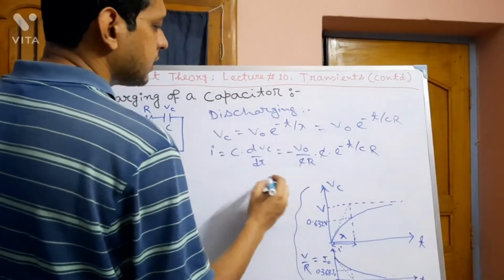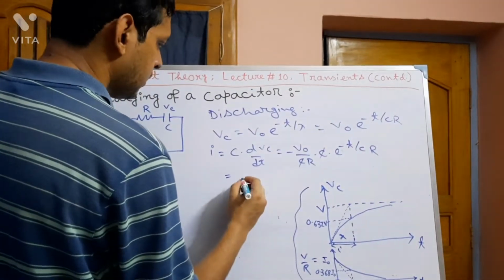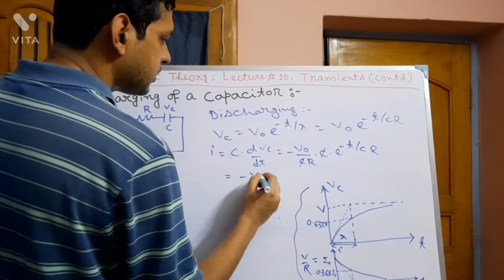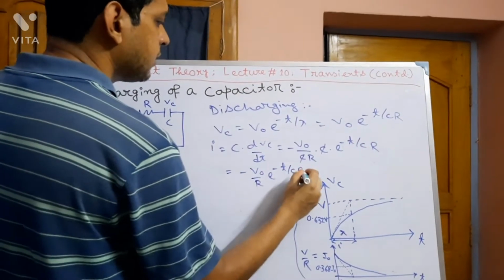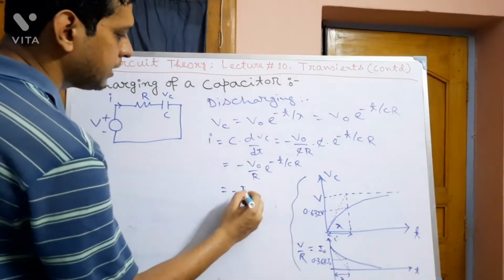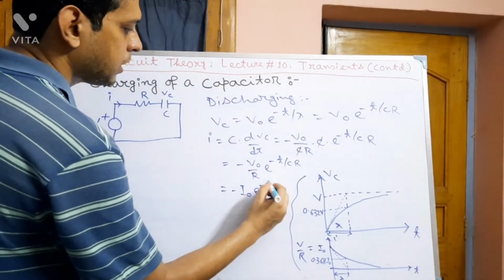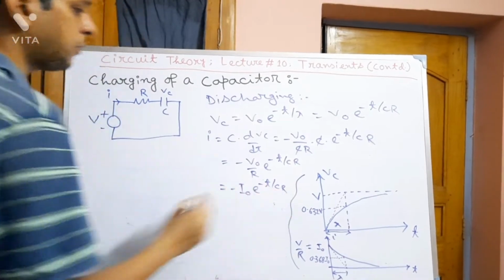C will be cancelled out and this will be minus V0 by R e to the power minus t by CR, or minus I0 e to the power minus t by CR, or t by lambda.